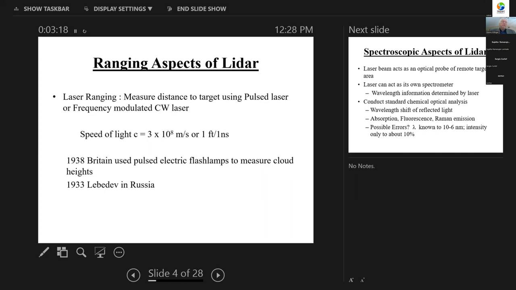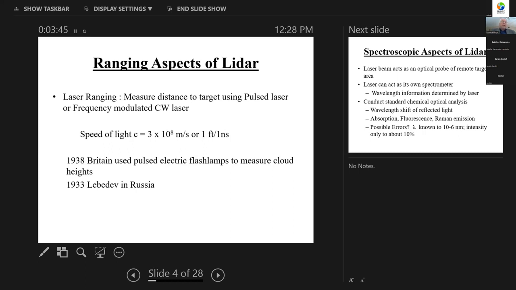There's another way of measuring it using FMCW lasers. You're looking at the Doppler shift and the frequency shift on that, but both of those techniques measure the time of light going up.